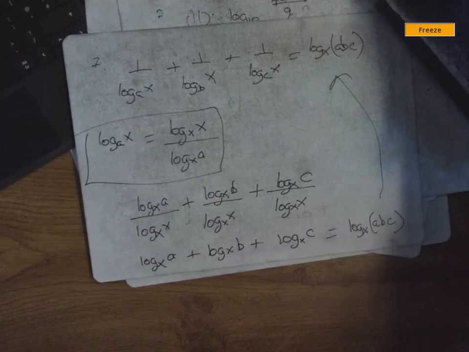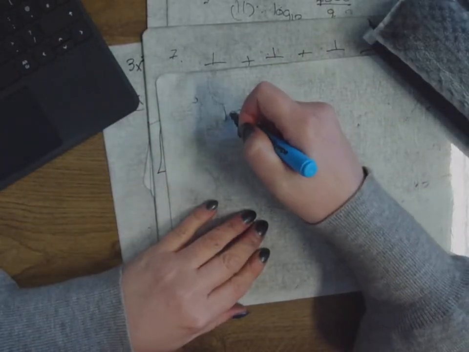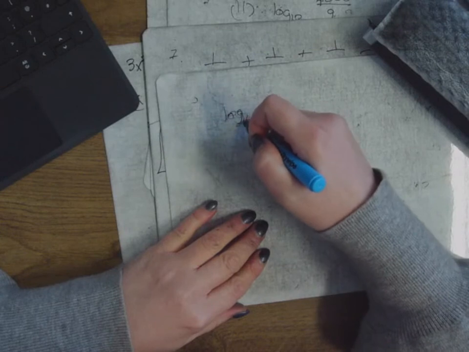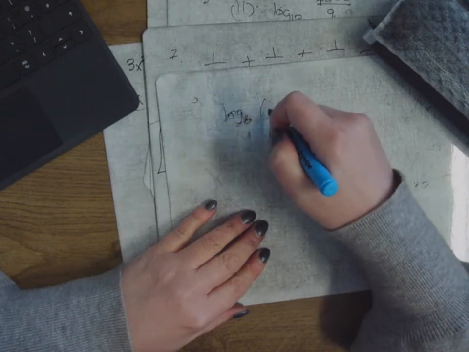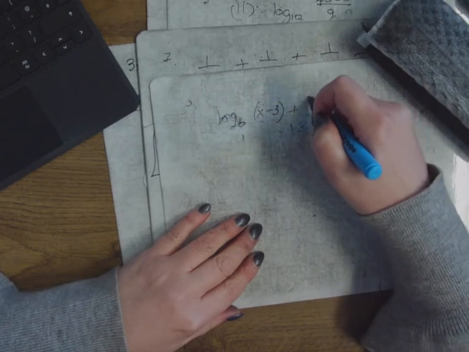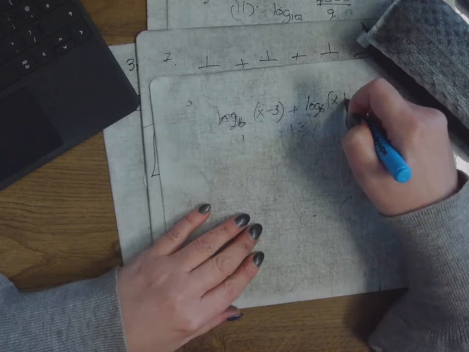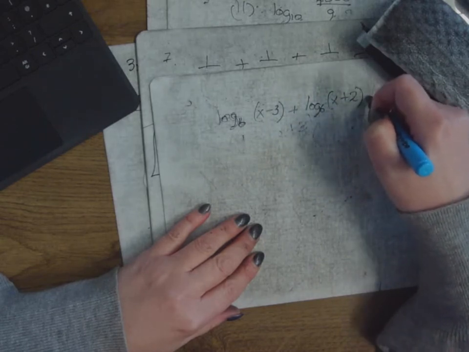Right, okay, number 8. Number 8 is log to the base 6 of x minus 3 plus log to the base 6 of x plus 2 equals a number.